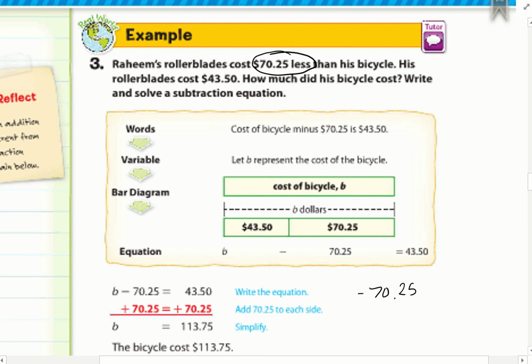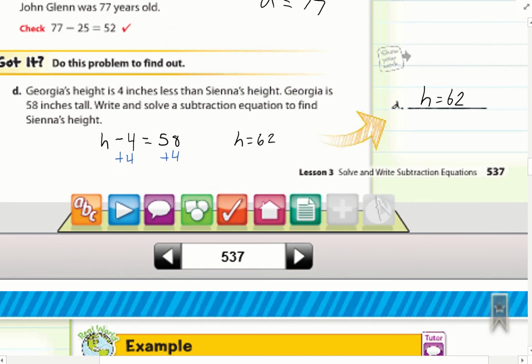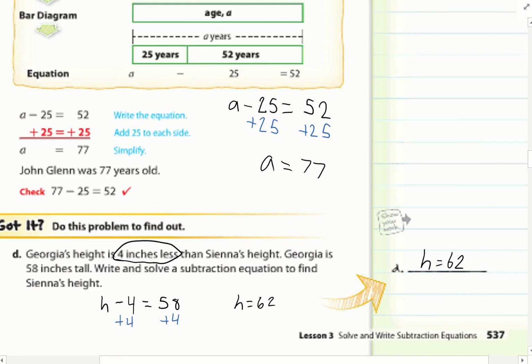That tells me minus $70.25. And that's going to equal the cost of the rollerblades, $43.50. And the way I know I'm setting these up right is I'm using this phrase, and that tells me minus $70.25. Same thing, 4 inches less tells me I have to minus 4.